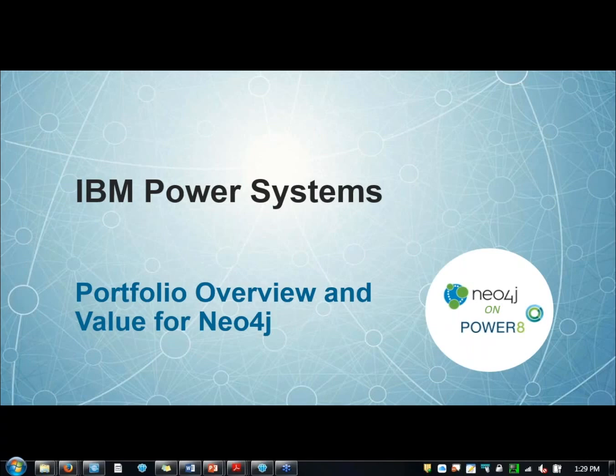So over the next 15 to 20 minutes, I'll first get into a very high-level overview of Power Systems portfolio, especially for those that have not been introduced to this platform. And then we will highlight a very unique price performance optimized deployment platform for Neo4j.